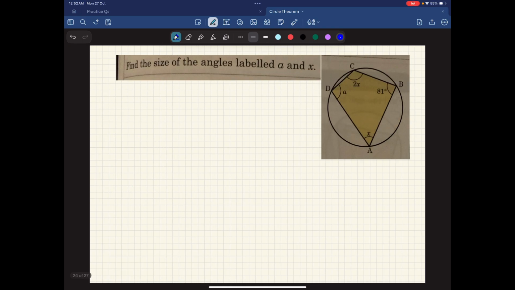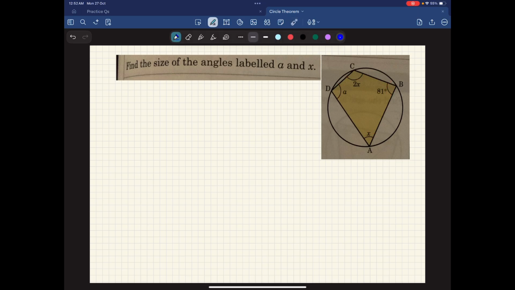Find the size of the angles labeled A and X. So 1, 2, 3, 4, all 4 points on the circumference. So this is a cyclic quadrilateral. So this angle and this angle should add up to 180, and this angle and this angle should add up to 180. So let's see.